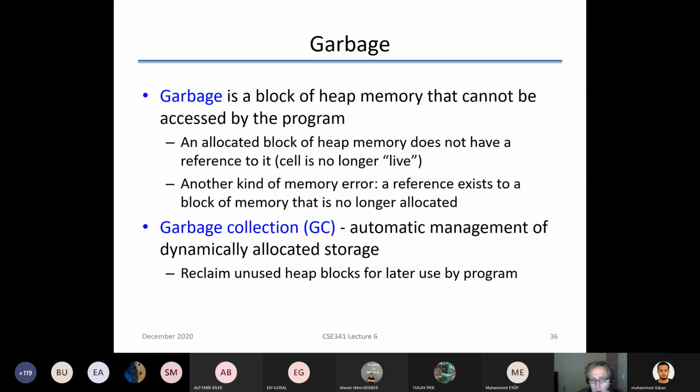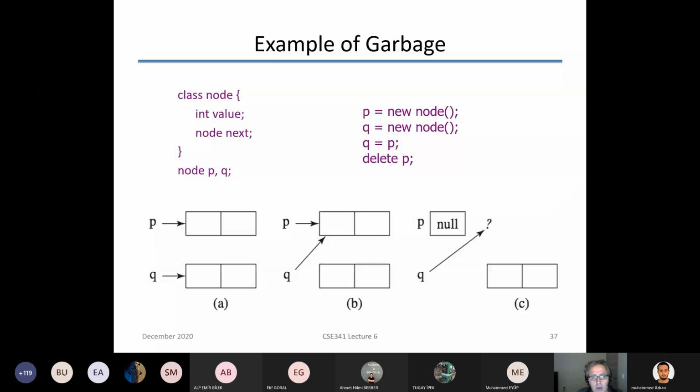So there are 2 error possibilities. Okay, and garbage collection is the automatic management of dynamically allocated storage. This is very simple. It reclaims unused heap blocks for later use by the program. So examples of garbage, you can see here. You have a class Node with an integer value and Node next, and then you have Node P and Q.